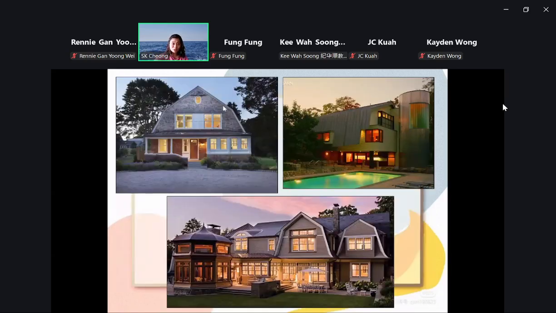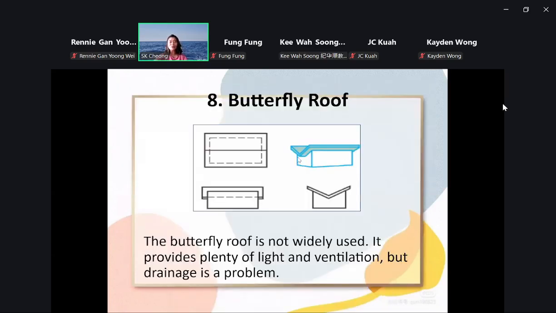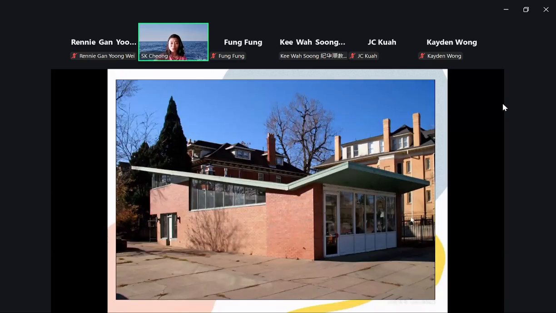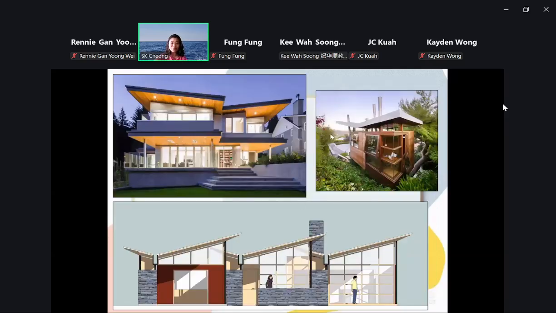Attic top. Okay. Butterfly roof. Butterfly roof is not widely used. It provides plenty of light and ventilation, but the drainage is the problem. As we can see here, a V shape, right? Butterfly roof.